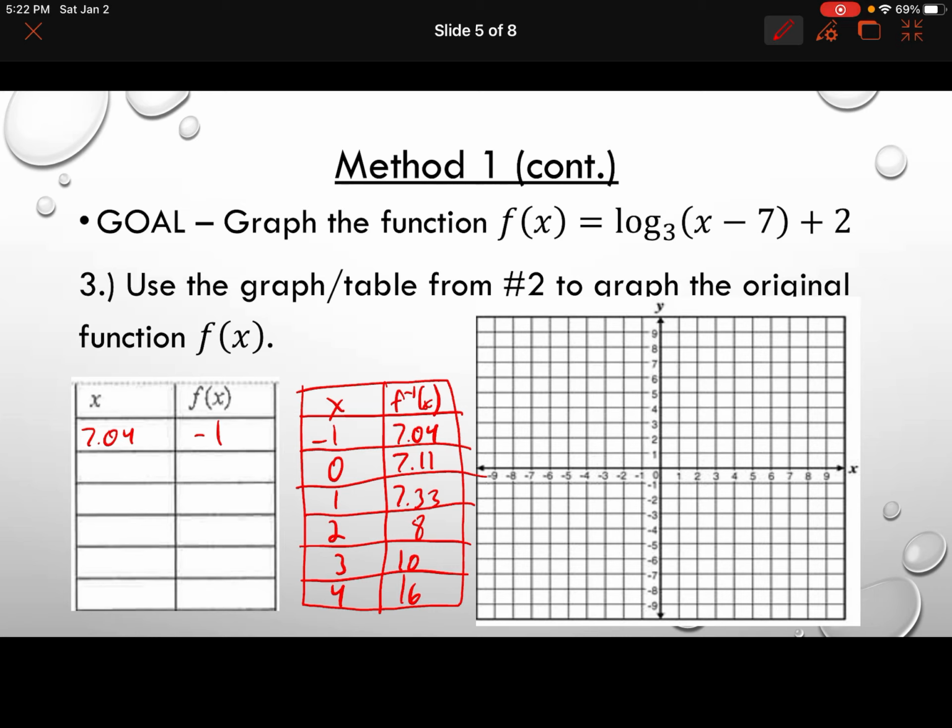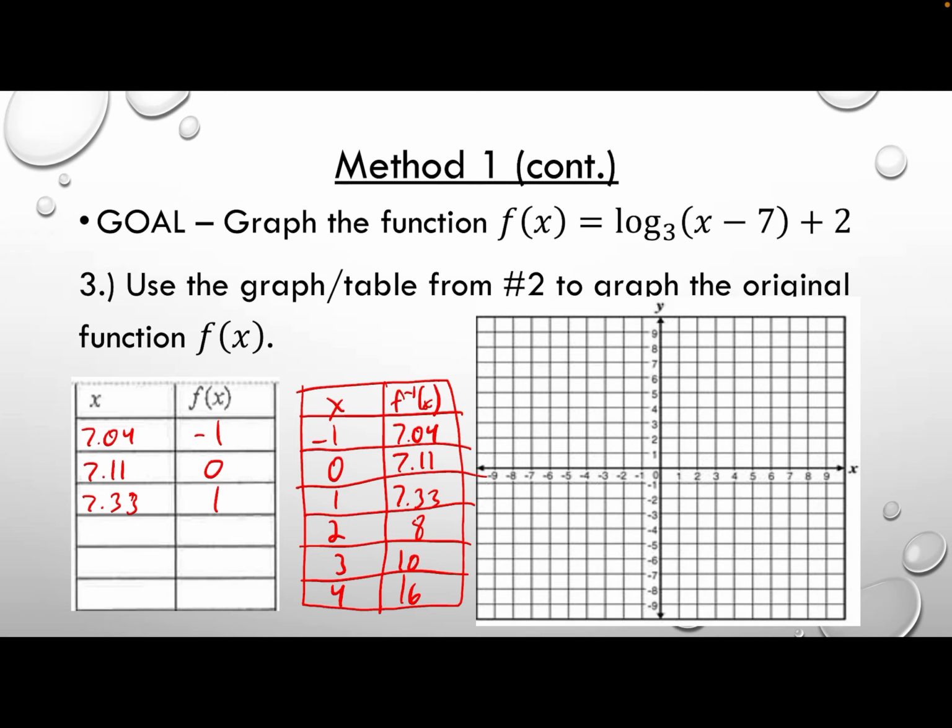Instead of 0, 7.11, we have 7.11, 0. So we just switch the x and y values for each of the points because they're inverses of each other. That's why this method is convenient: once we find the points of the inverse function, we just switch the x and y values and boom, we have the points of the actual function.